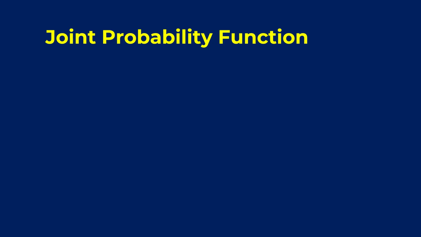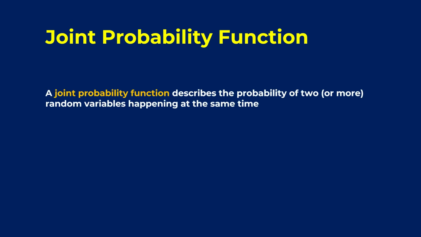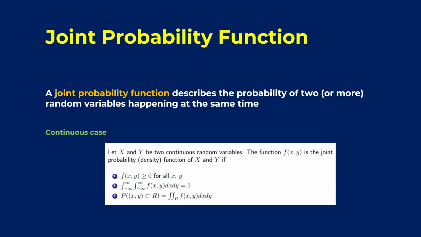Okay, so now let's see what the joint probability function looks like for the continuous case. Again, a reminder that the joint probability function describes the probability of two or more random variables happening at the same time. In the continuous case, the definition looks like this.